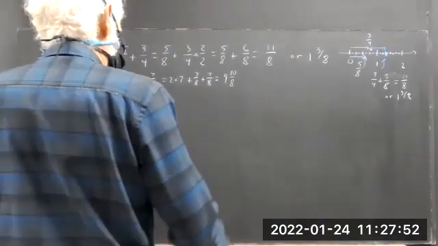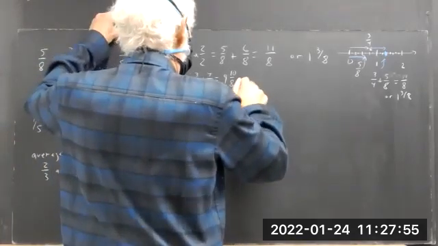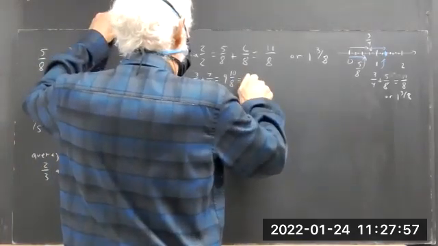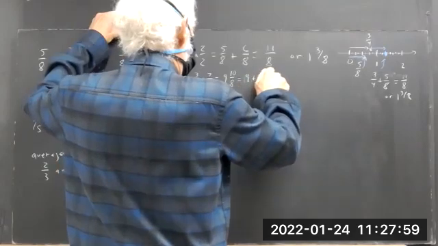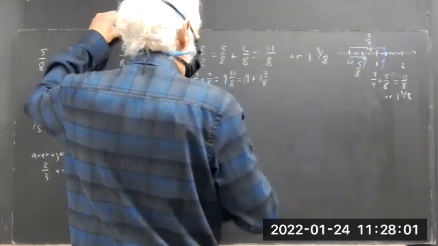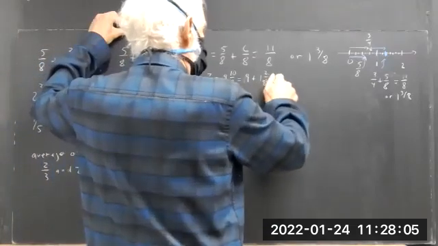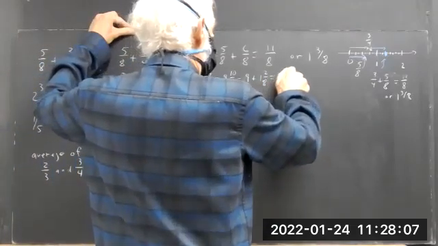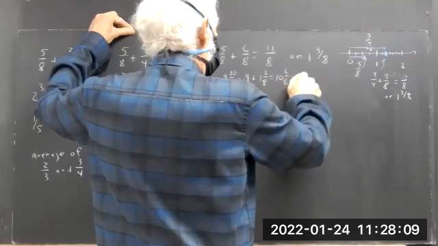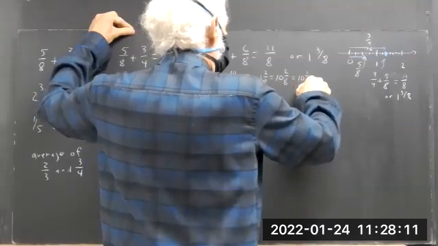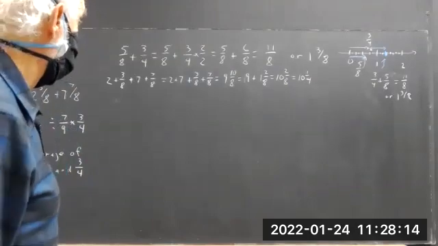So we can write this as 9 plus 1 2/8, which is 10 2/8, which is 10 1/4.